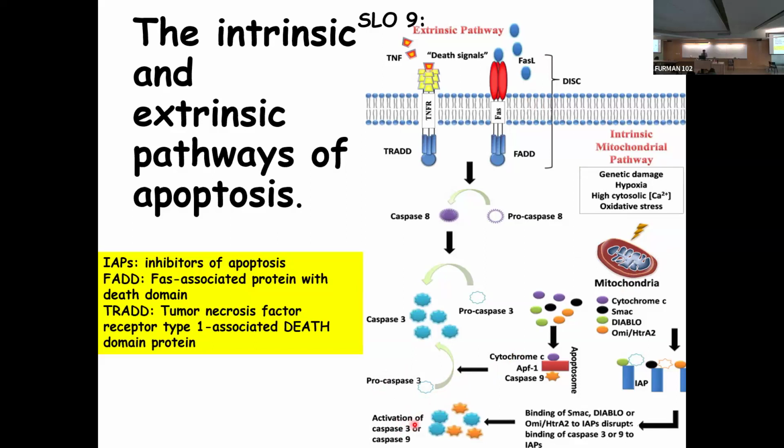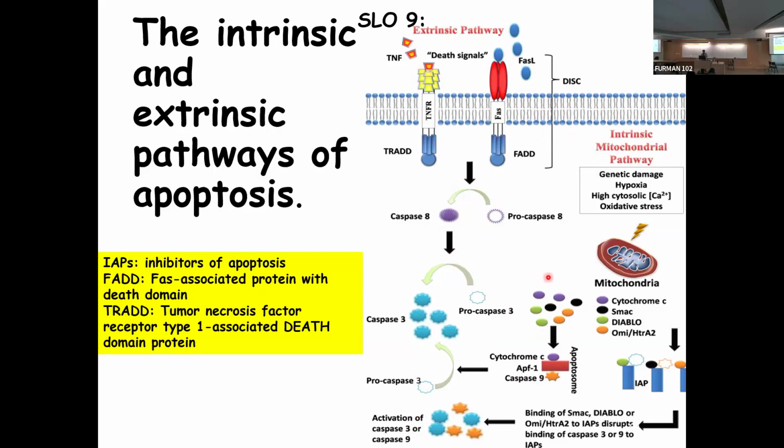So the take-home message from this slide, a little bit complex slide, is that there are two major pathways of apoptosis, which I as a cancer cell would like to avoid: the extrinsic pathway mediated by the death receptors, and the intrinsic pathway, which is the mitochondrial pathway. Both can ultimately lead to activation of caspases.